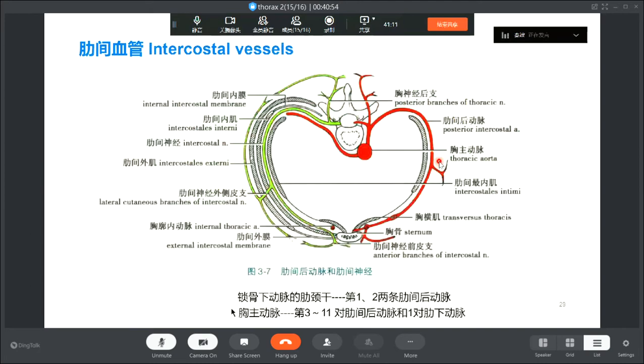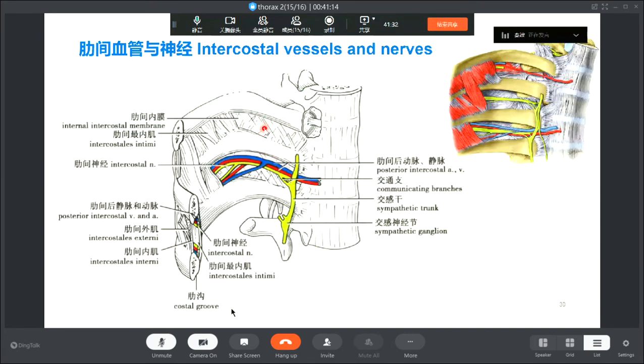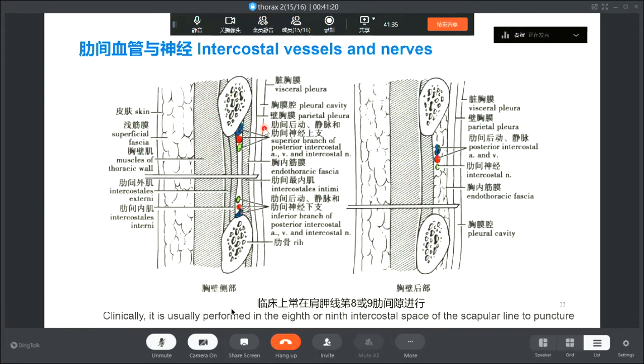Between two neighboring ribs, the intercostal muscle has two layers. The artery grows over it, and the nerve also grows over it. In the last class I also introduced something important about this layer.